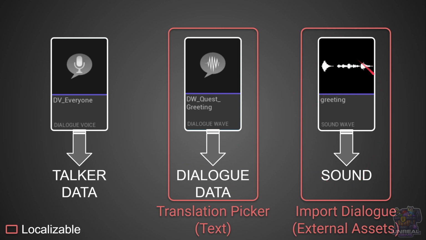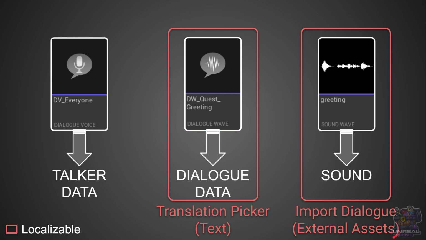So as you can see, sound waves will have that. Next, we have in the dialogue wave the subtitles, which the translation picker and the localization dashboard is going to identify. Last but not least, we have the sounds, which are the sound waves, which have the dialogue sound, and they will also be detected by the localization system.